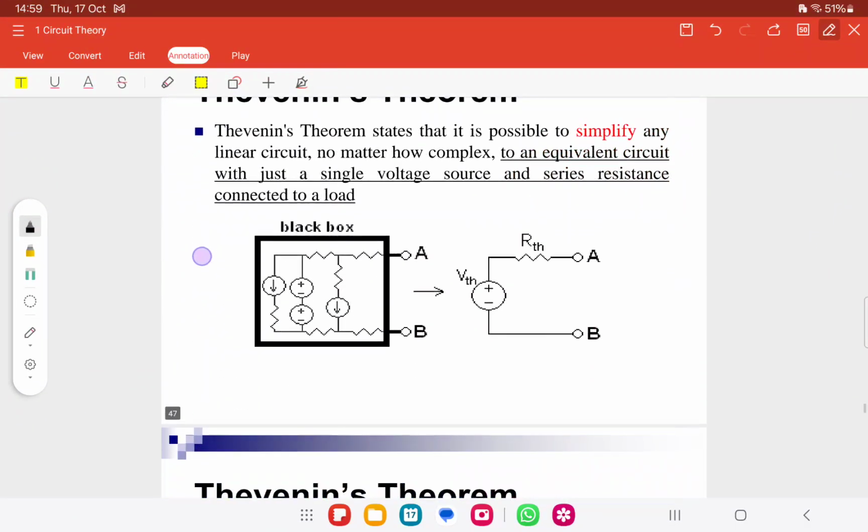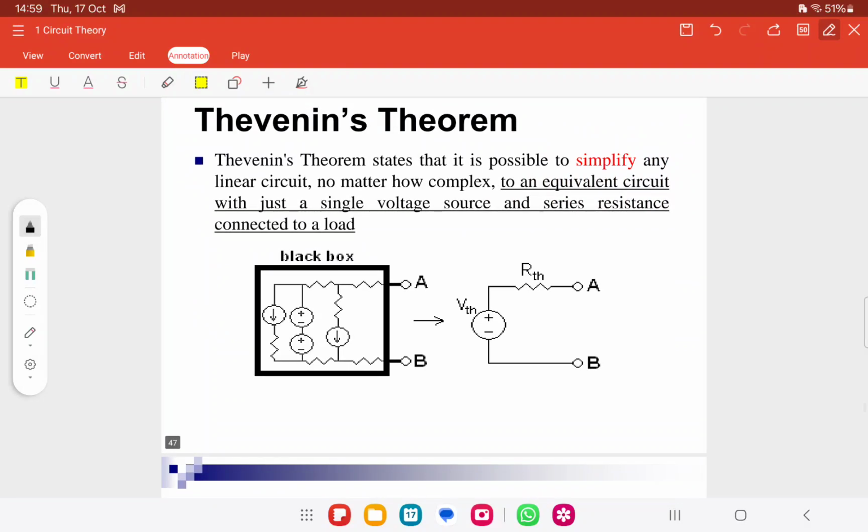Alright. So next one, we want to go for Thevenin's theorem. For this Thevenin's theorem ni we apply when we have complex components dekat dalam circuit, meaning that we want to simplify the circuit. As you guys can see here, at node A and B we have the black box.